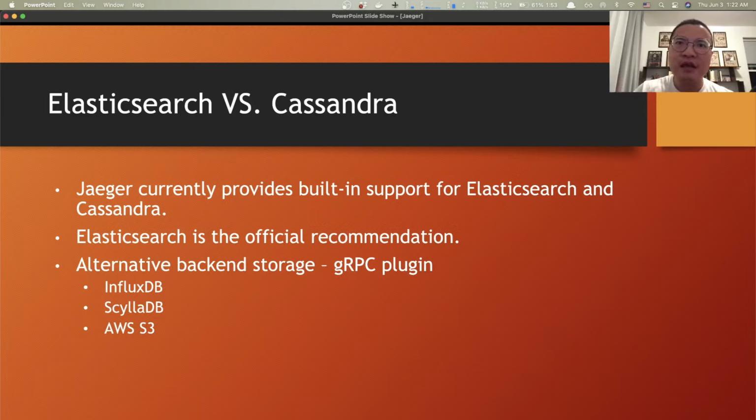Cassandra is a key value database, so it's more efficient for retrieving traces by trace ID, but it does not provide the same powerful search capabilities as Elasticsearch.